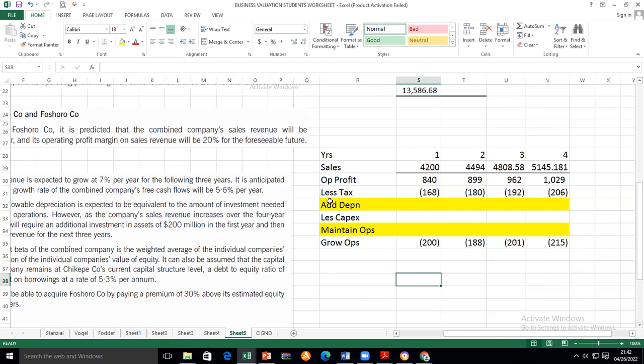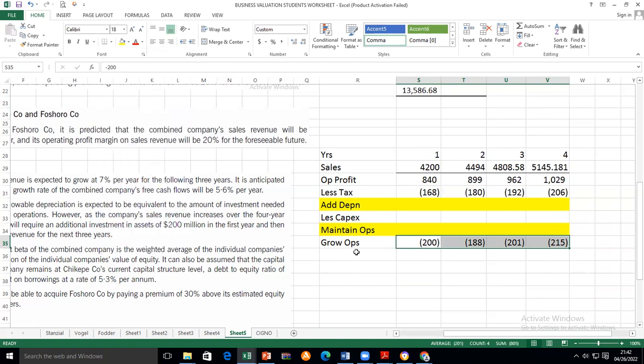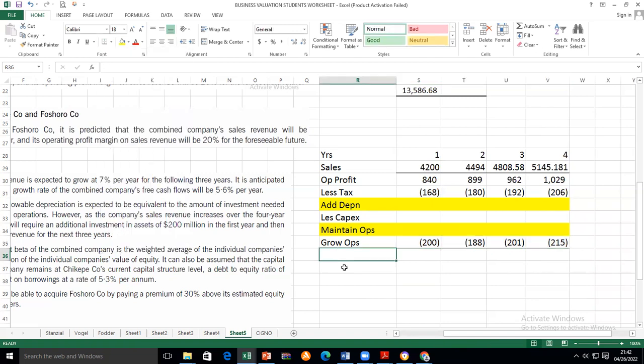So in your computations, you can even remove these. Okay. Can you imagine that we are done already? What do we call this line?